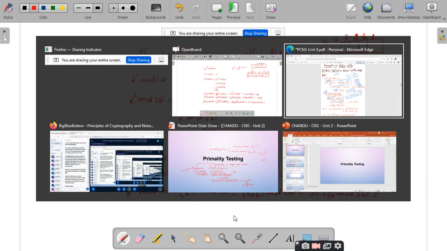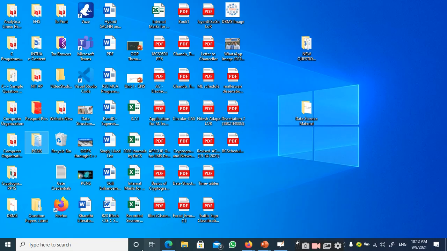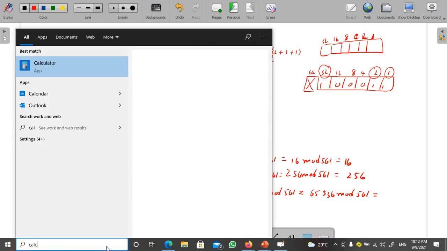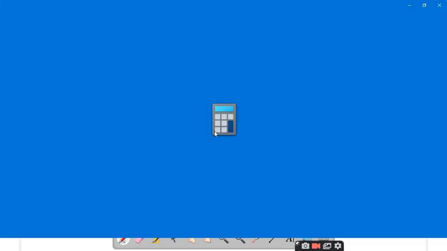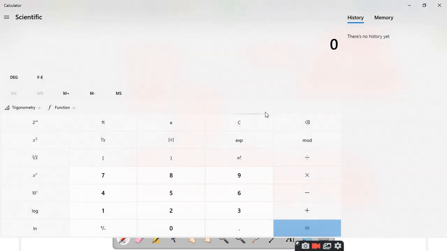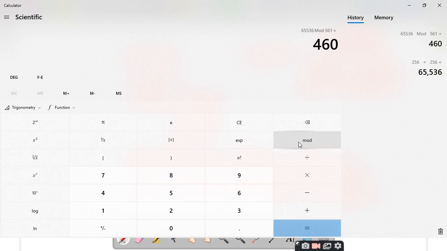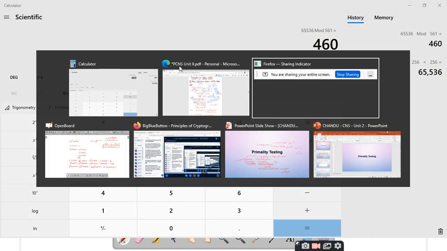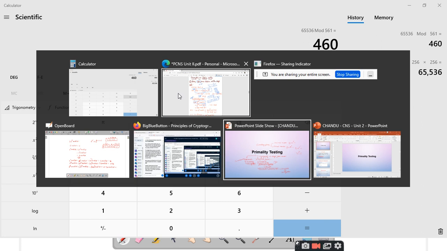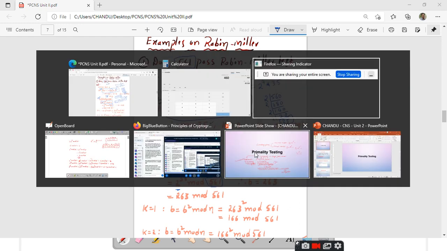Last few minutes. 256 square mod 561. So I am getting 460, right? Rajesh, I can understand, but last 5 minutes. Okay, sir.